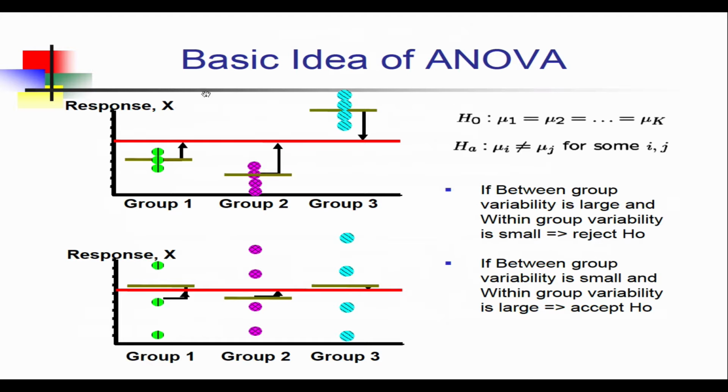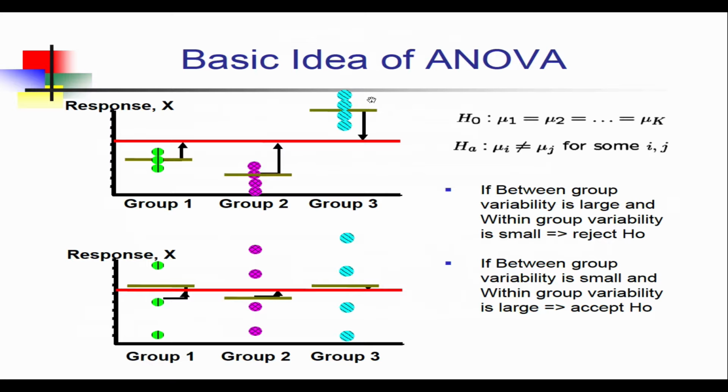There are two pictures. In the first picture, you can see the within group variation is smaller. There are three groups, and within each group, the points are clustered. The variation is small. Then you look at the group means. Those three group means vary a lot; the variation among them is large.